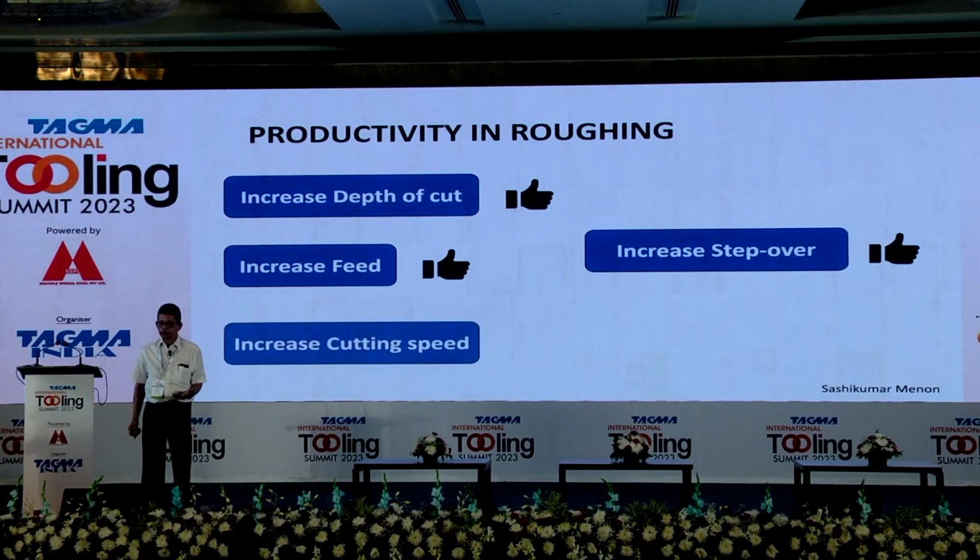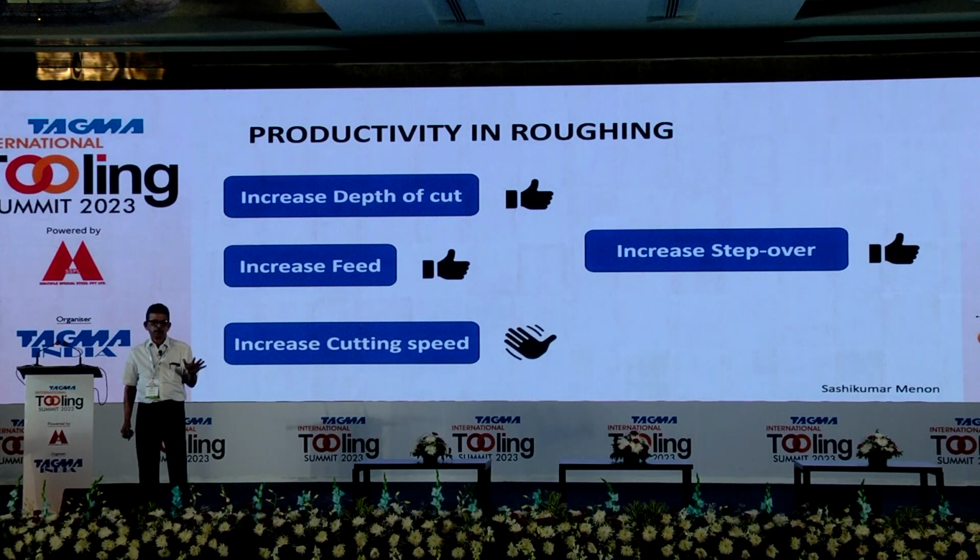What about cutting speed? Can we increase the cutting speed? I'll say, because most of the time when you are going for roughing, you will be using a cutter or insert with a little more cobalt content, which makes tougher inserts. When you are going for high depth of cuts and high feed rates, your cutter should be strong, so the cobalt content will be a little more.